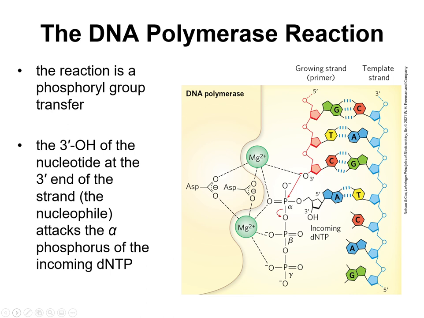What we're looking at on the right is the active site of a DNA polymerase. Notice that there are 2 magnesium ions. There's a purpose. One of the magnesium ions is required to help make the 3' hydroxyl a better nucleophile.